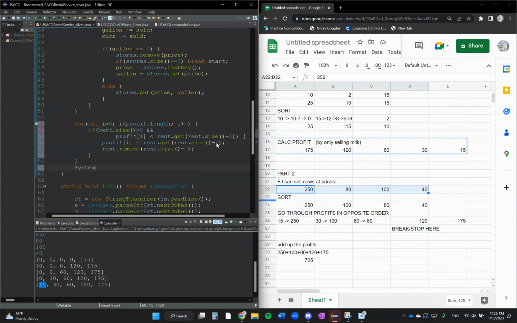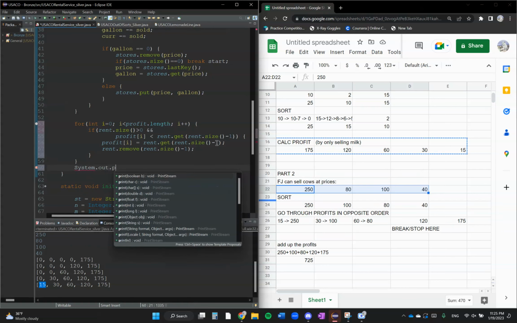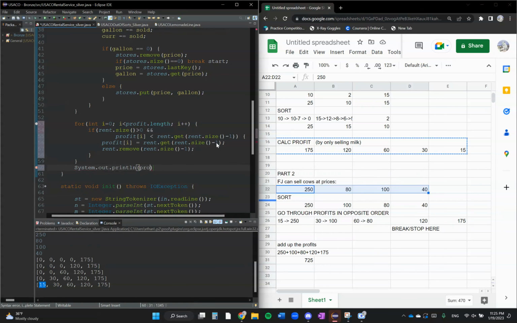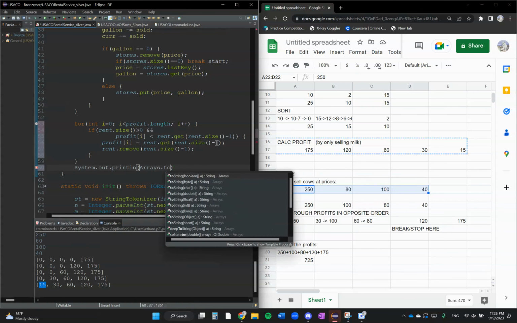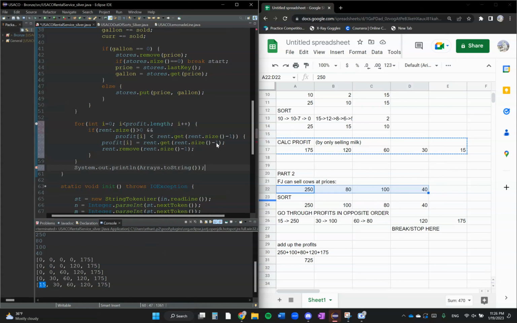Let's try printing out again. Oh, and there's one thing that could make it more efficient. Let's say that this case isn't true, and that basically means that selling a cow at this index instead of just milking it isn't going to make any money.